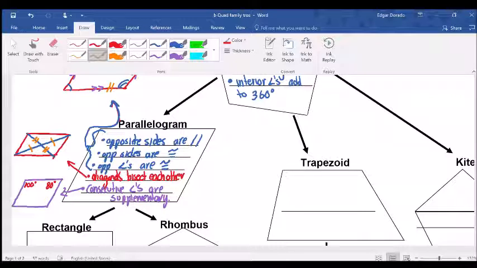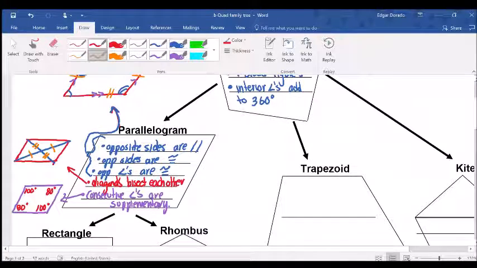Having said that, then this consecutive angle, the one that's below the 100, also has to be 80. And once again, the consecutive angle 80 has to also help add up to 180, so it has to be 100 degrees. Okay? So just keep those things in mind. And I realize, guys, I drew 3 different parallelograms here.